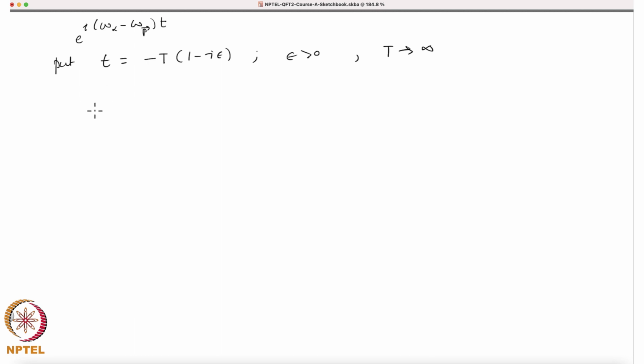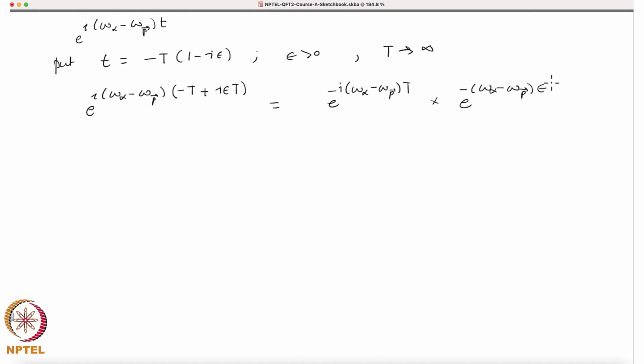If I do this, then I get e to the i omega alpha minus omega p times minus T plus i epsilon T, which is the same as e to the minus i omega alpha minus omega p T times e to the minus omega alpha minus omega p epsilon T, because i from here and i from there give i squared, which is minus 1.